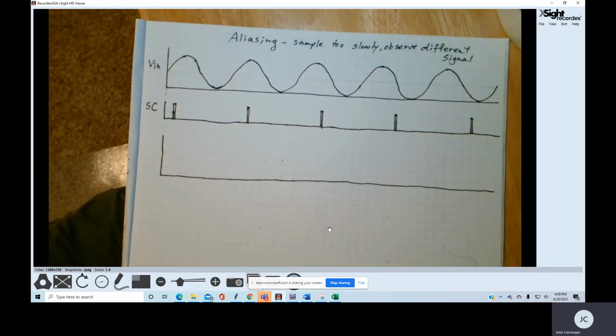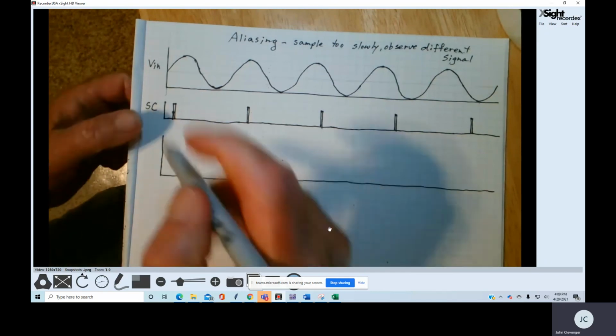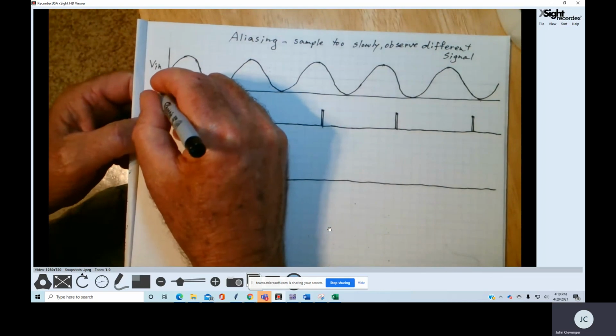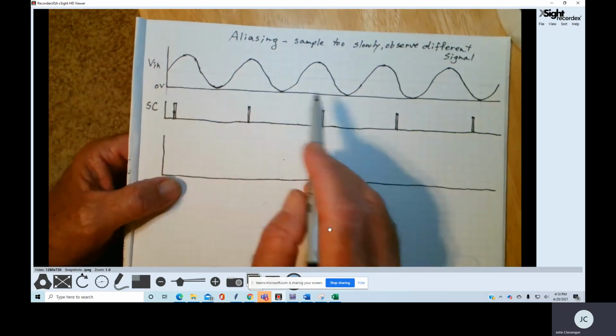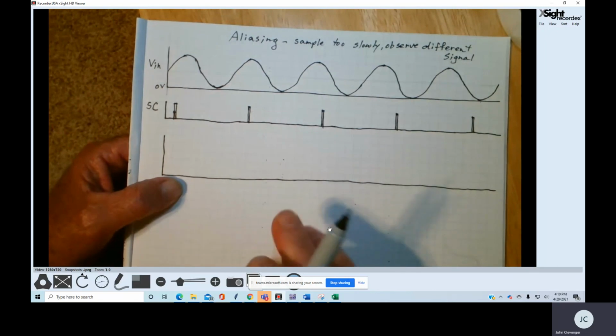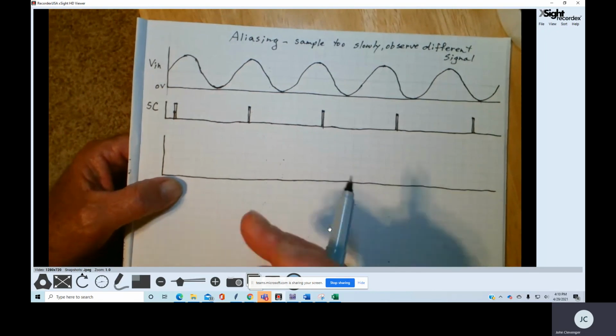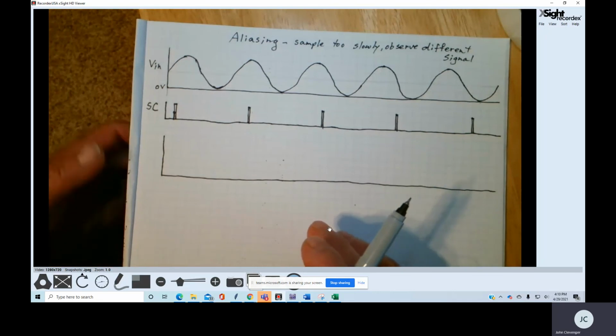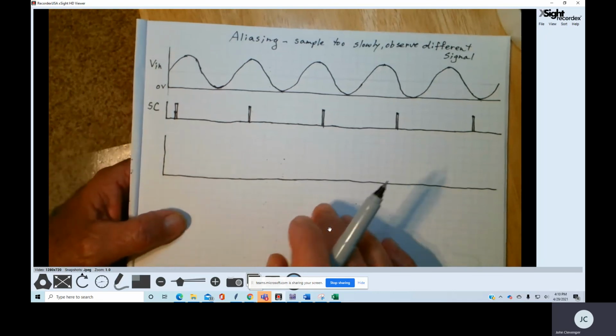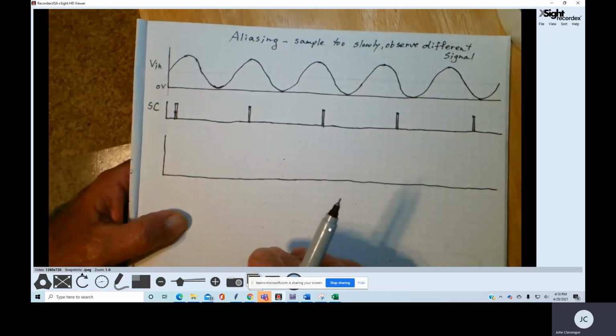So I've sketched out an example of a sine wave, and this sine wave is all above 0 volts. It was easier for me to sketch a sine wave than a delta wave or a theta wave or any of the other waveforms that you would observe. But this still works for our definition.